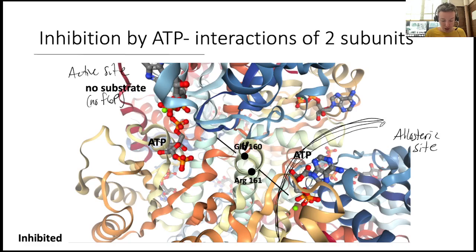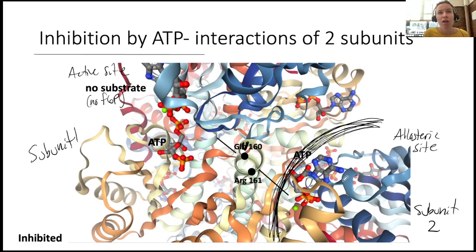But the association is happening between two different subunits. So what's on the left is from subunit 1, and what's down here is coming from subunit number 2. So this attractive association through arginine to ATP, the attractive association of one subunit with another subunit is what is increasing the cooperativity.